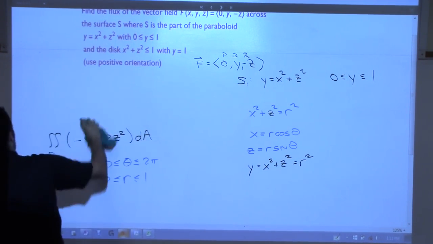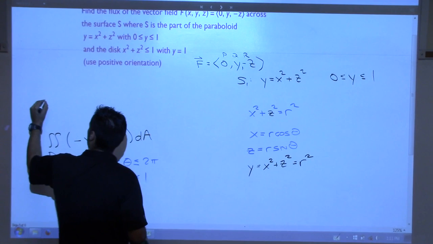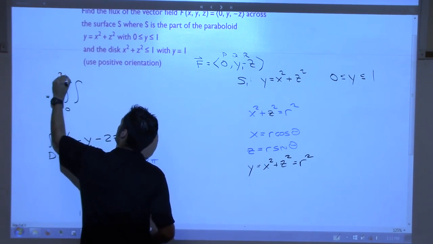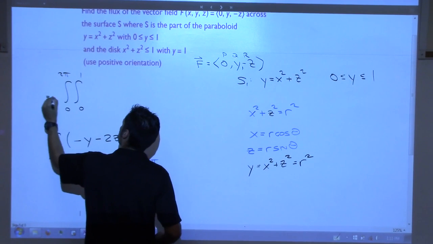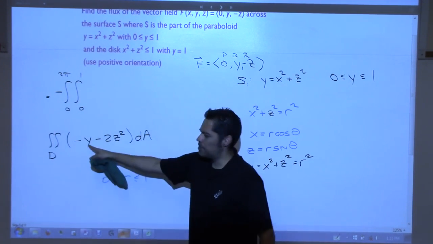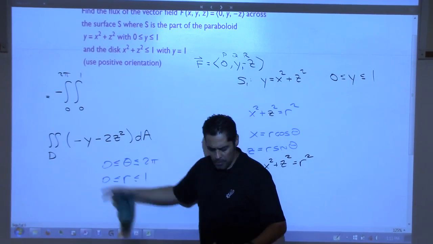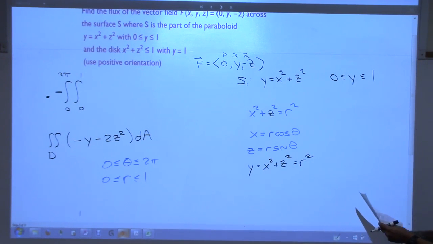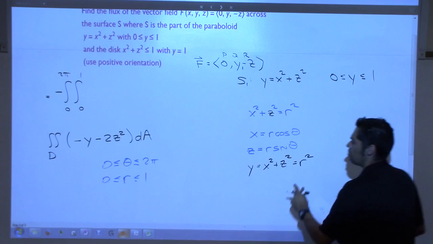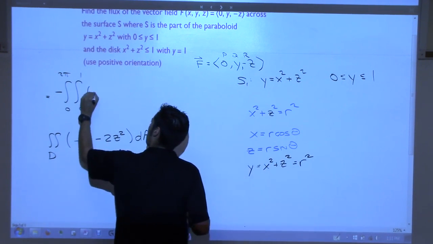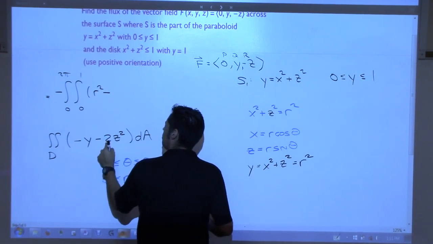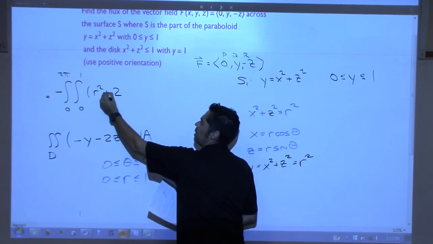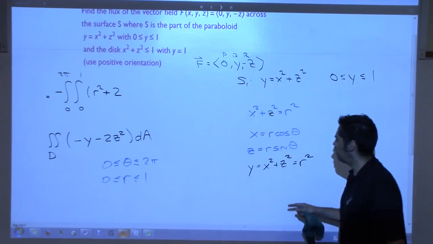So rewrite this now. This integral should turn into, now I can put some limits of integration, how about 0 to 2 pi and 0 to 1. Let's pull that negative out, that negative that was in here. And then we have y, right? And what's y, we said? r squared, minus 2 times, or plus, because I pulled the negative out, plus 2 times, what's z squared?